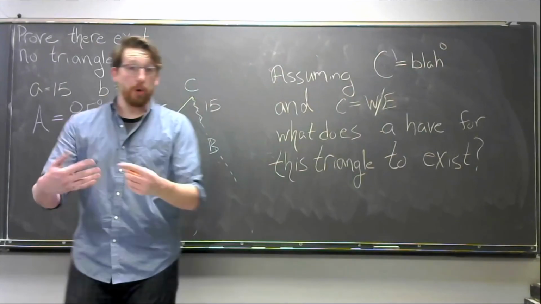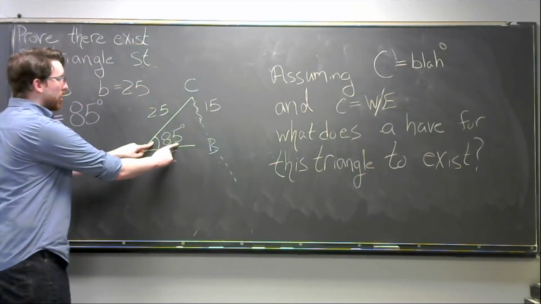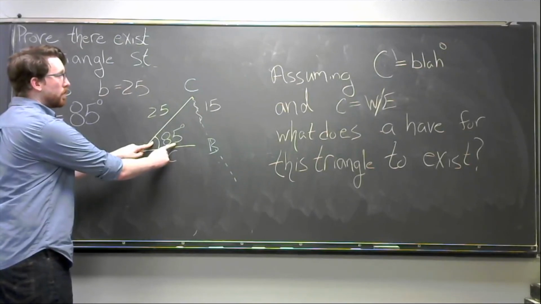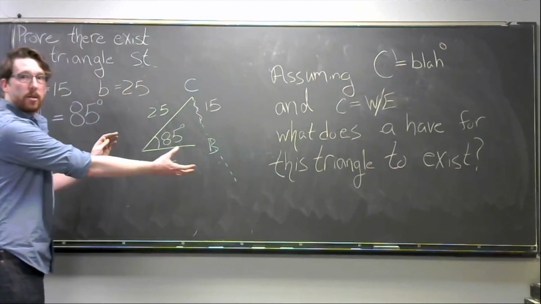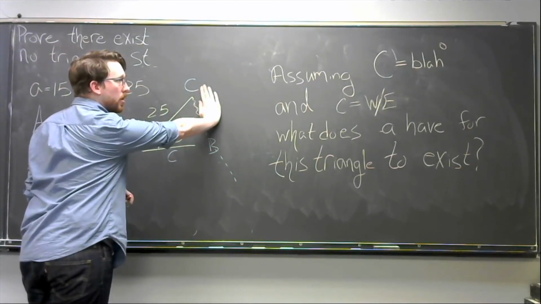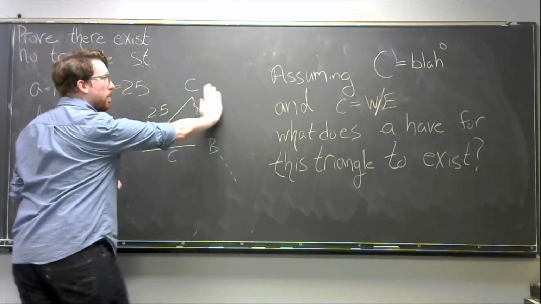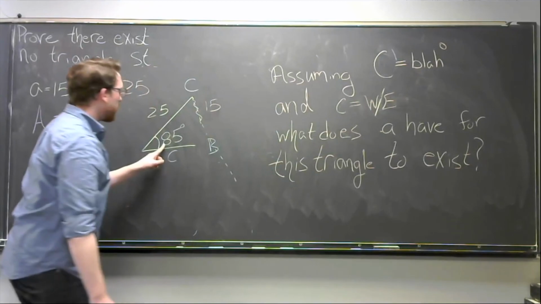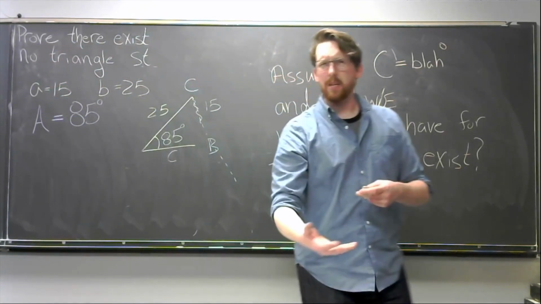Well, we would hold this A, the degree, to be the same, and we would just apply the law of sines. We'd say, all right, well, this can't be 15, but because of all of this, if we hold the degree to be the same, what does it have to be? Does that make sense?